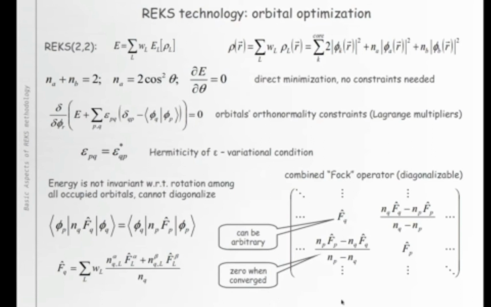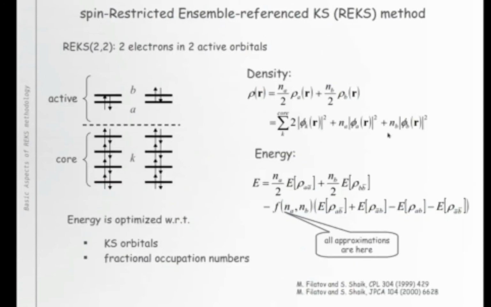I build this Fock matrix from Fock matrices of individual electronic configurations, like shown here: the configuration with doubly occupied orbital A, doubly occupied orbital B, and all these intermediates, broken symmetry AB, BA, and a high spin, both spins.